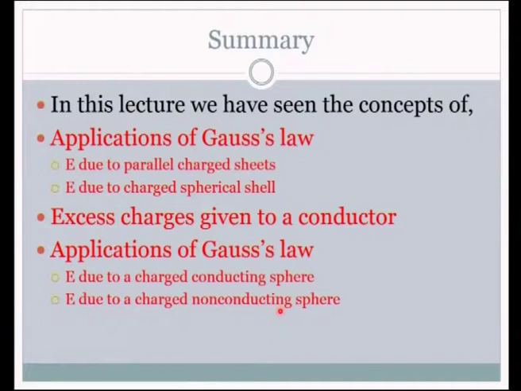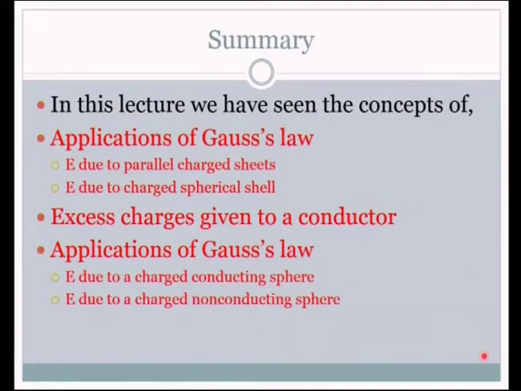It is time for us to see the summary of today's lecture. In this lecture, we have seen the applications of Gauss law for the electric field due to parallel charged sheets and the electric field due to a charged spherical shell.